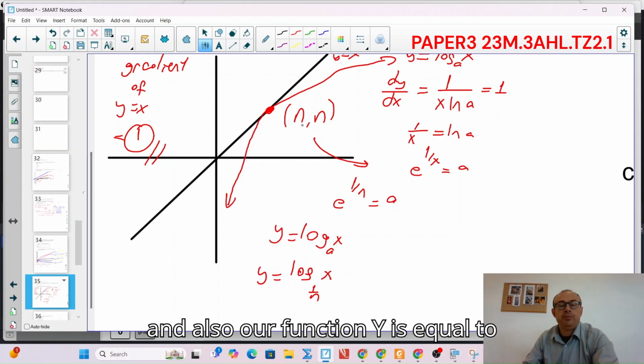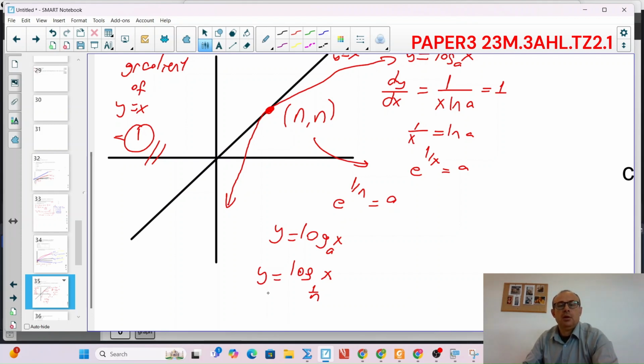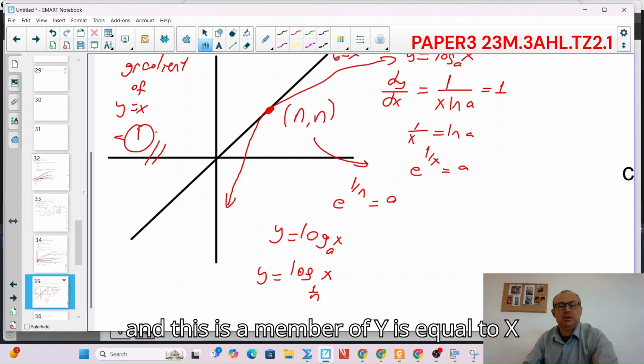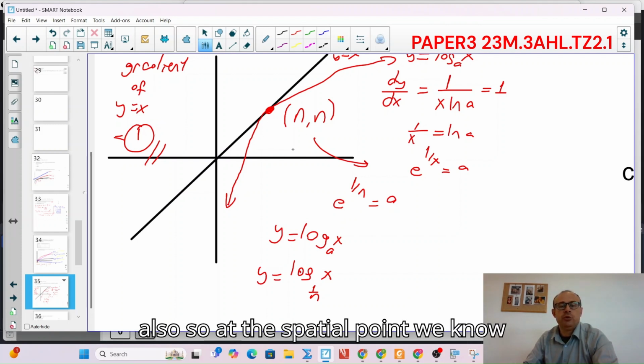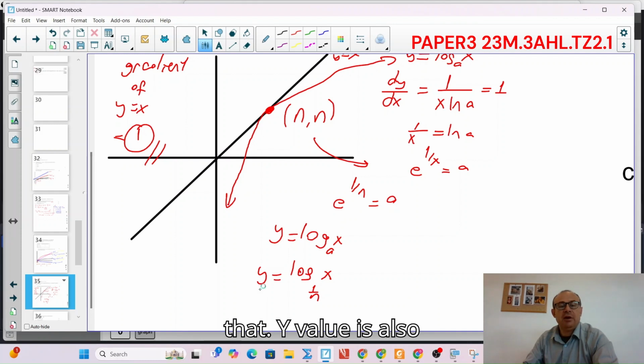And also our function y equals x is passing through n comma n, and this is a member of y equals x also. So at the special point, we know that the y value is also equal to n.